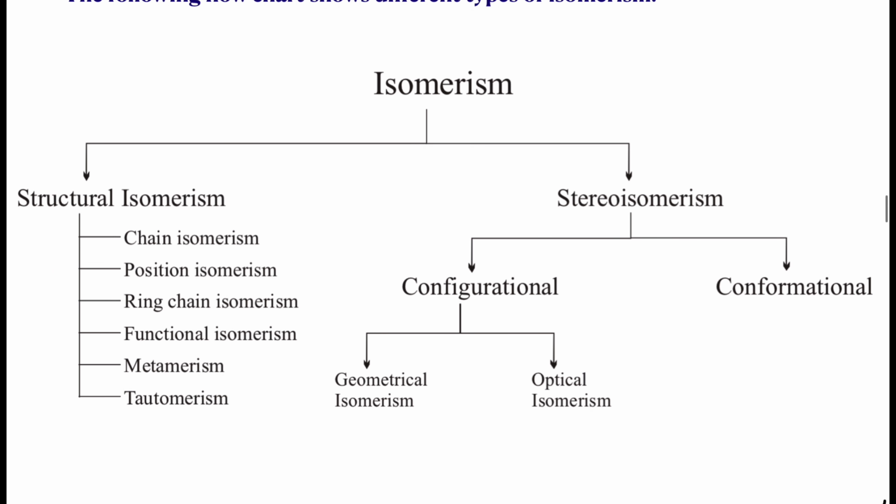Basically, isomerism is classified into two types: structural isomerism and stereoisomerism. But in this video, I'm going to cover only structural isomerism. Structural isomerism is further classified into six types: chain isomerism, positional isomerism, ring chain isomerism, functional group isomerism, metamerism, and tautomerism.